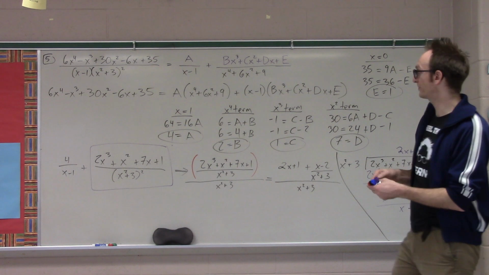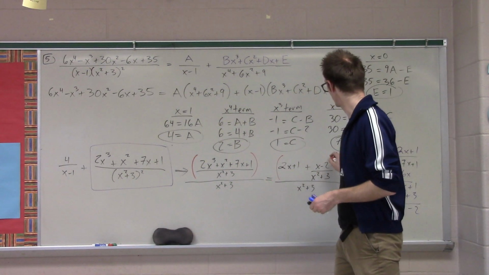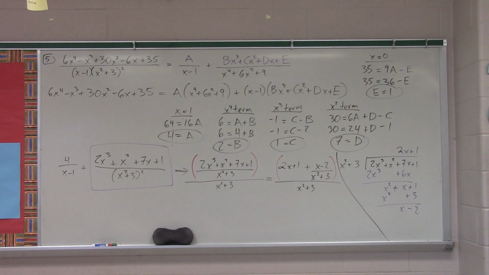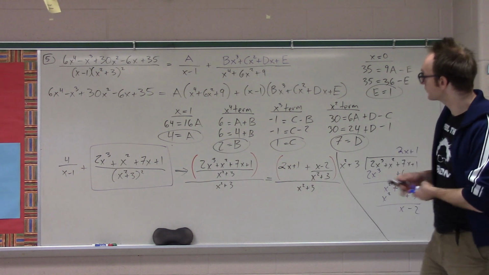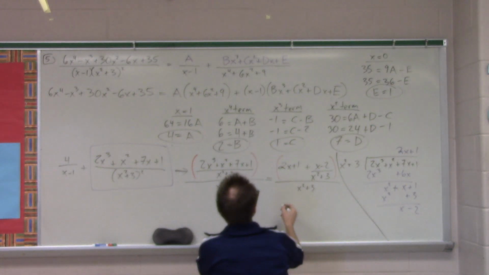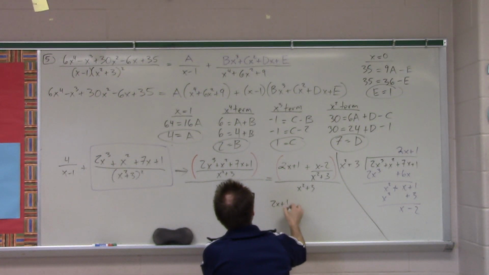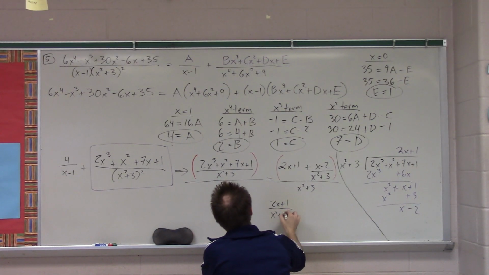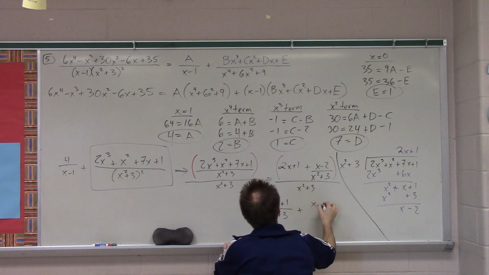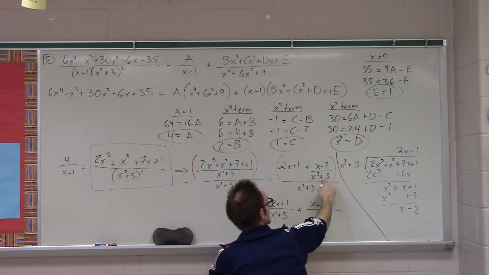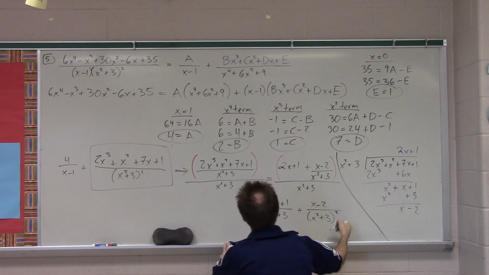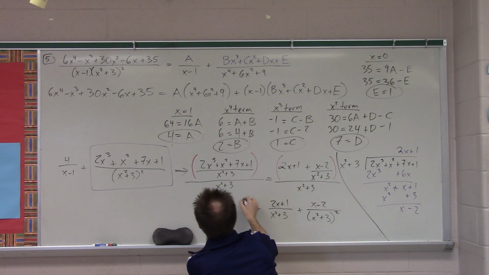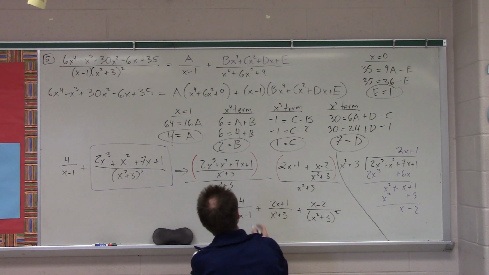And so I've just replaced what was in red parentheses with the other expression in red parentheses. But now, of course, this numerator can be split up into two terms, and so what we eventually end up with here is 2x plus 1 over x squared plus 3 plus x minus 2 over x squared plus 3 over x squared plus 3. So x squared plus 3 squared. And then we still have this free-floating 4 over x minus 1.